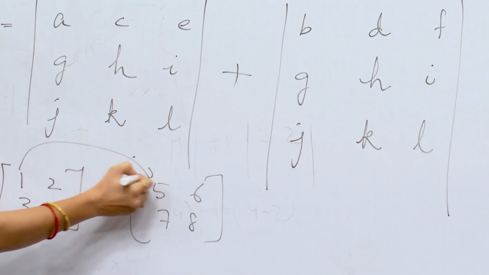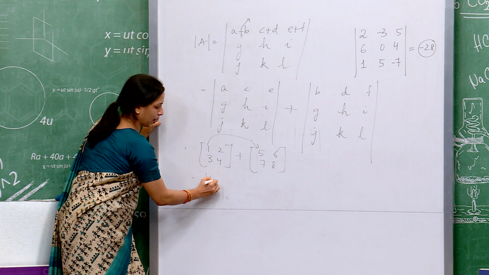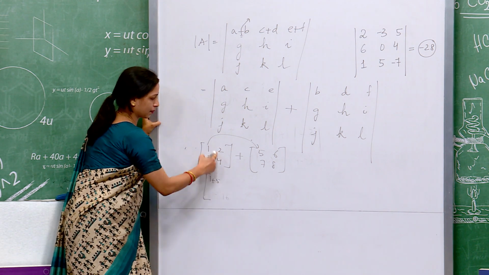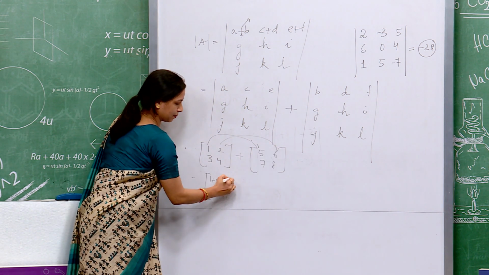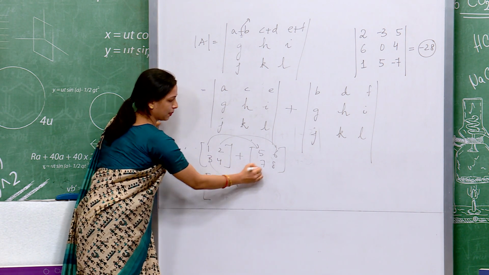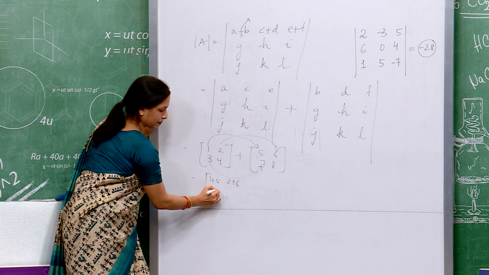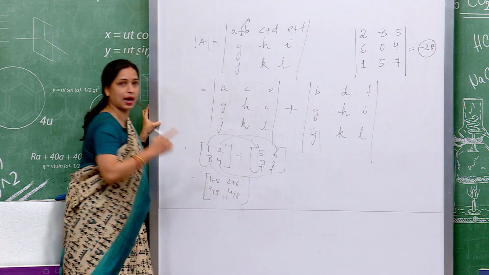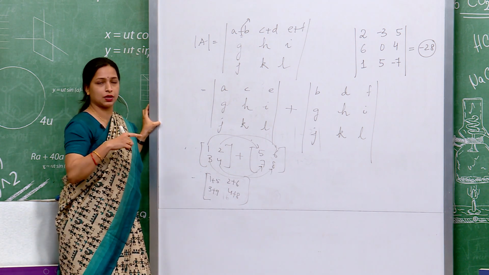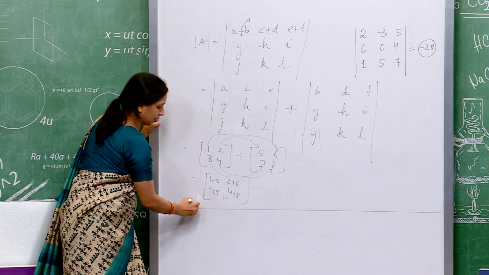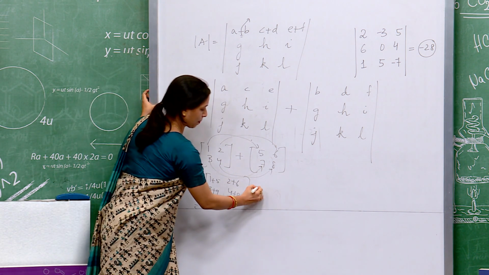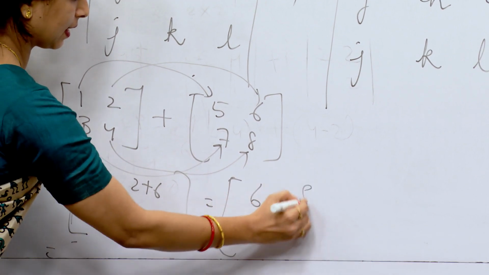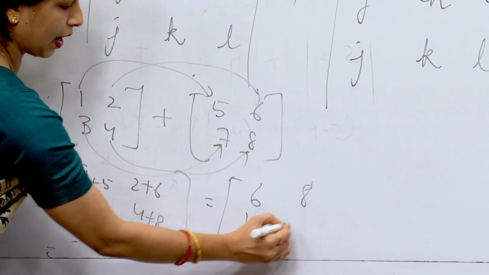We add the corresponding elements like this, like 1 plus 5, 2 plus 6, 3 plus 7 and 4 plus 8. This is how we add in matrices. We add the corresponding elements with the other matrix, right, and the resultant is 6, 8, 12 and 12.